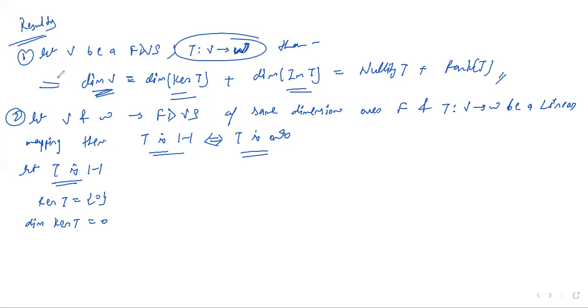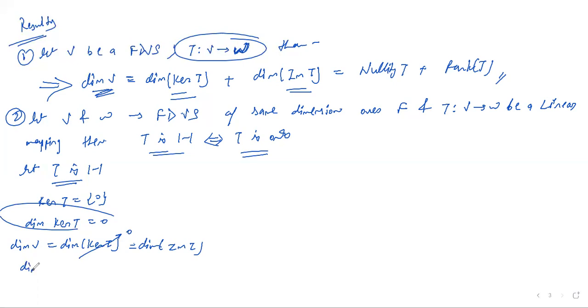Now using this, if we apply it here, the dimension of V is equal to dimension of ker T plus dimension of image of T. Now I see that my dimension of ker T is equal to 0, so this would be 0. What will I get?